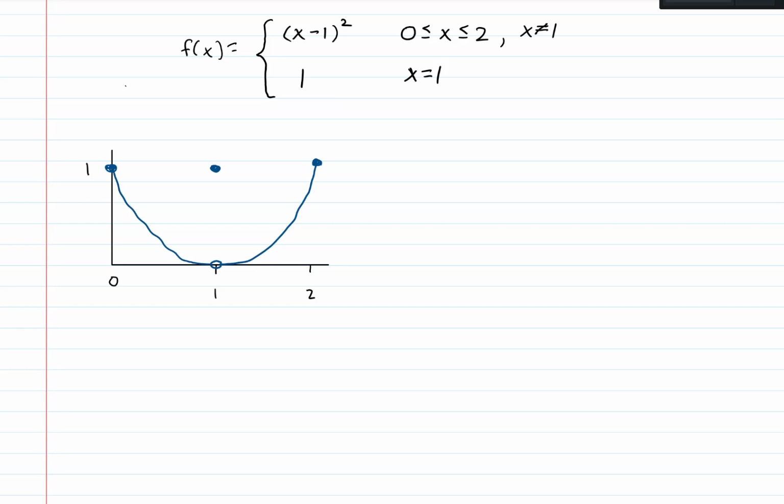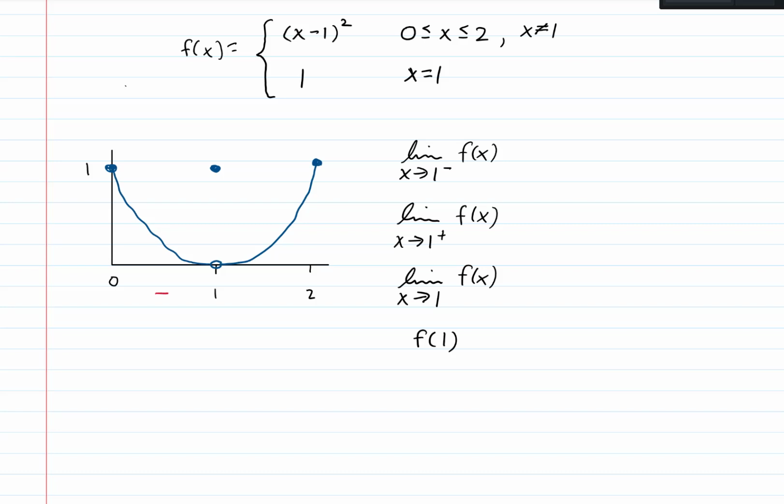So we're going to answer 4 questions here. We're going to find the limit of f of x as x approaches 1 from the left, the limit of f of x as x approaches 1 from the right, and the limit of f of x as x approaches 1, and f of 1. Let's find those 4 things, or determine if any of them doesn't exist.